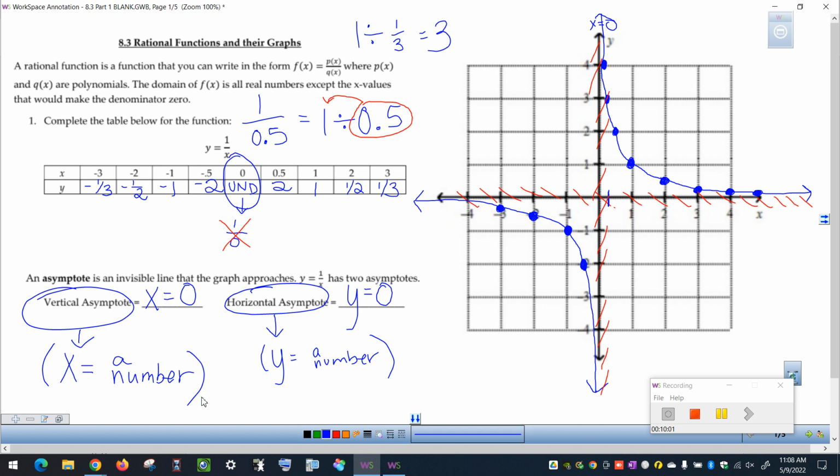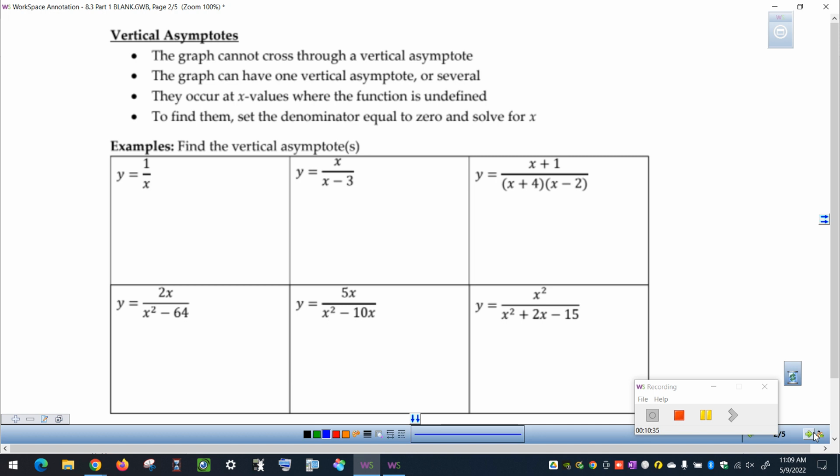and we're going to dive a little bit deeper into the vertical asymptote situation. And we're going to start by just looking at some bullet points here at the top of the page. So these are some characteristics, just some things to know about the vertical asymptote. First off, the graph cannot ever cross through a vertical asymptote.